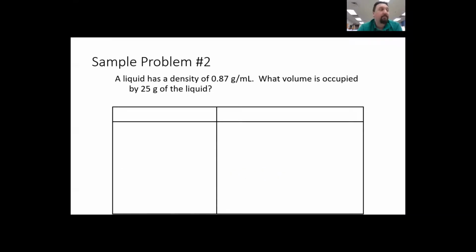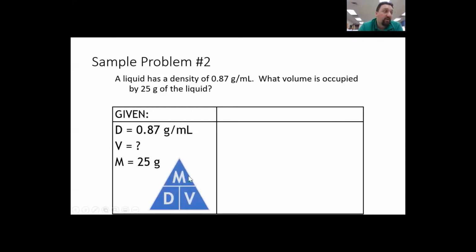Let's do another one. A liquid has a density of 0.87 grams per milliliter, and what volume is occupied by 25 grams? First thing we need to find out is what are our knowns? 25 grams is a mass. 0.87 grams per milliliter is a density. If you have both units, it's density.